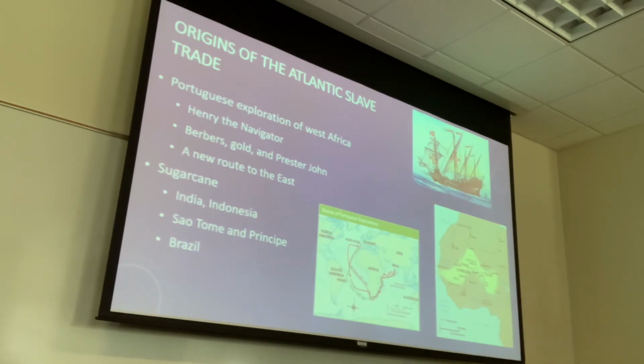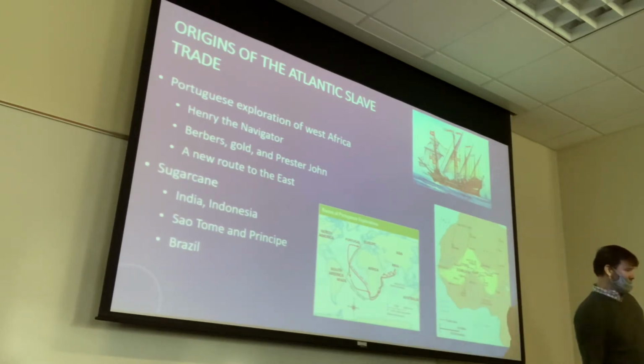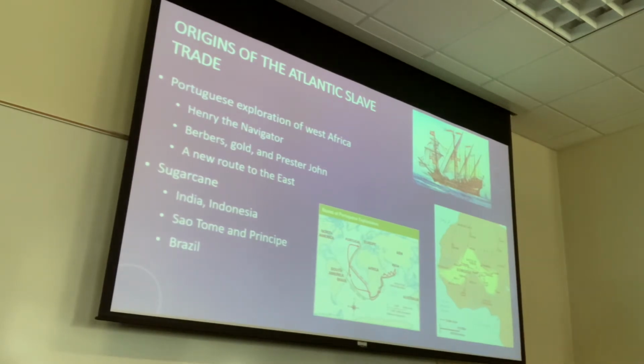So they've got the idea of a labor force, but they only have these two tiny little islands. They would need somewhere much larger to build huge plantations and then purchase and bring in perhaps thousands, if not hundreds of thousands, of slaves to meet the kind of demand that they have.